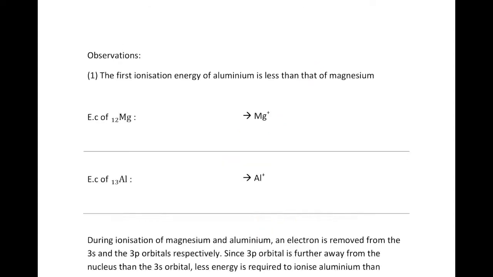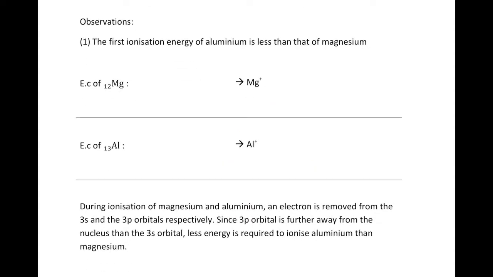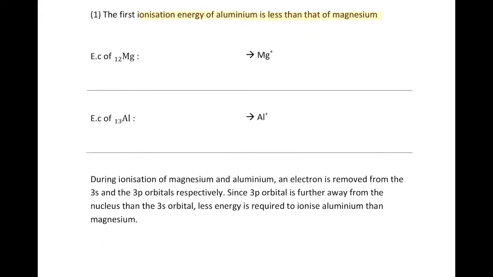Let's attempt to explain this. So the first observation is that the ionization energy of aluminium is less than that of magnesium. So write down the electronic configuration of each of these atoms and their corresponding ions, pause the video, and then you can compare your answers.